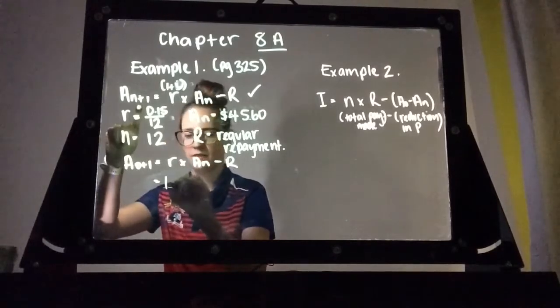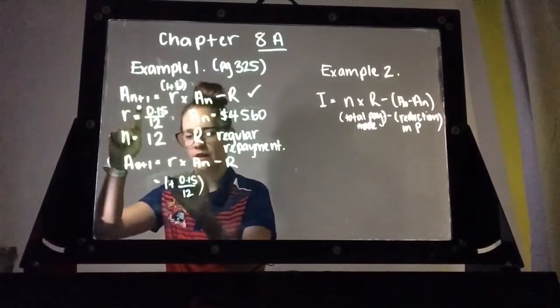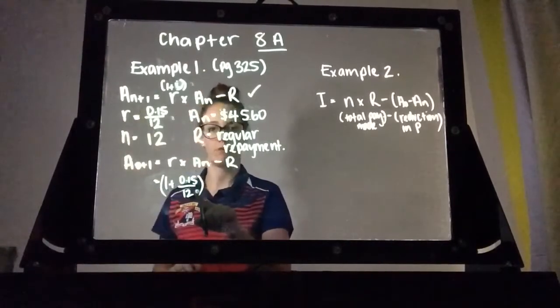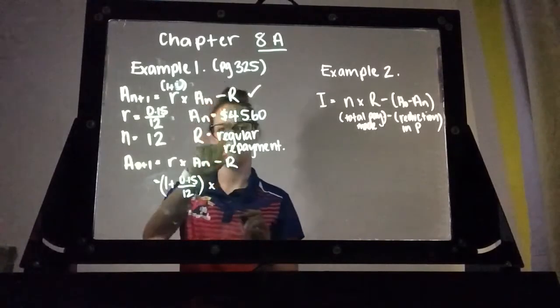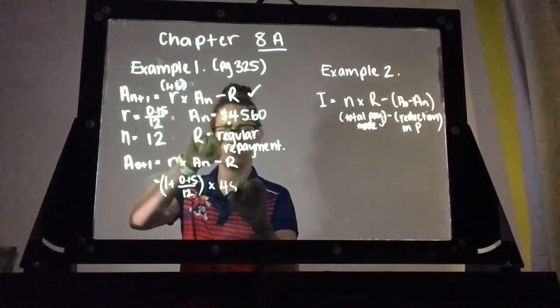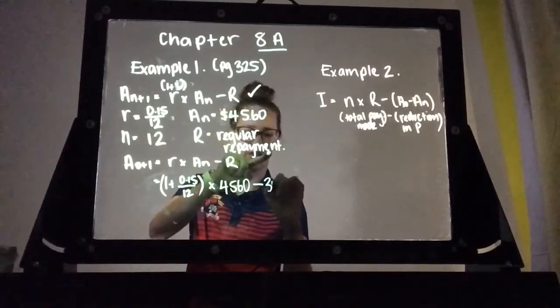1 plus 0.15 divided by 12. Again, you might just have the answer straight away there. That's okay, you can write that in. Multiplied by our previous amount minus the repayment, which remains the same.